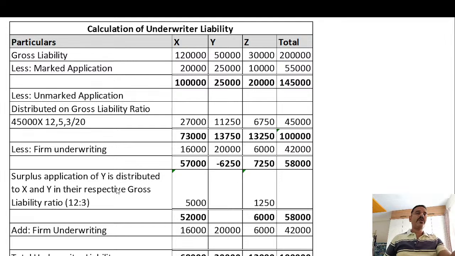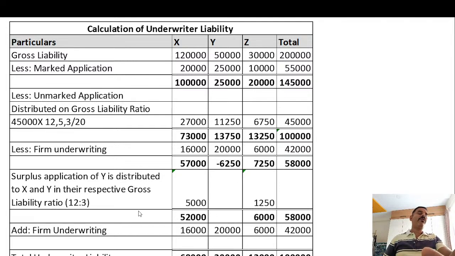So this 6,250 is distributed 12 is to 3, that is 12 divided by 15 and 3 divided by 15, that is 5,000 to X and 1,250 to Z. Y has a surplus, and this surplus we distribute to X and Z because they have a liability. Then their liability is 52,000 and 6,000 remains.